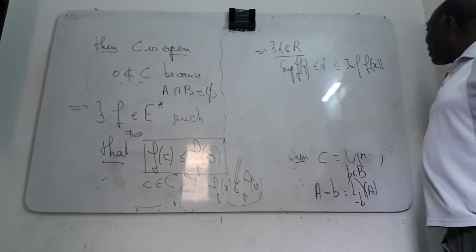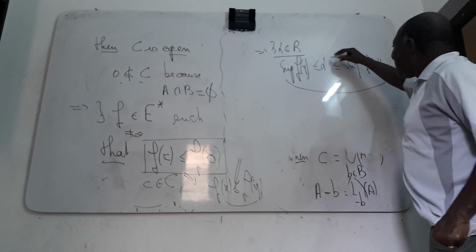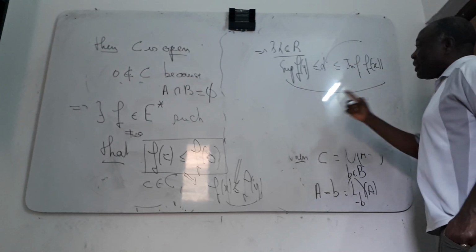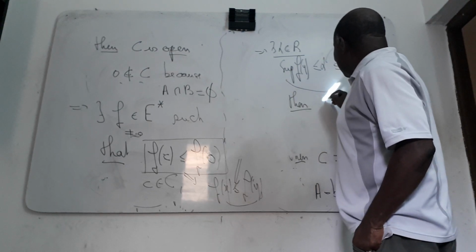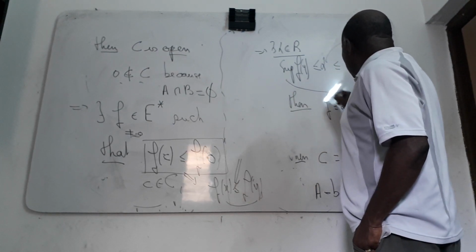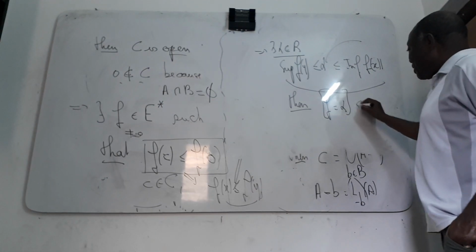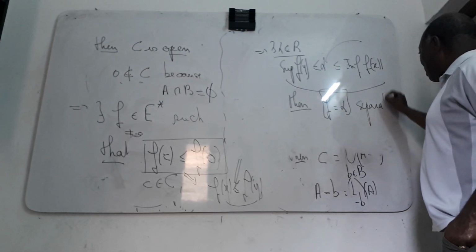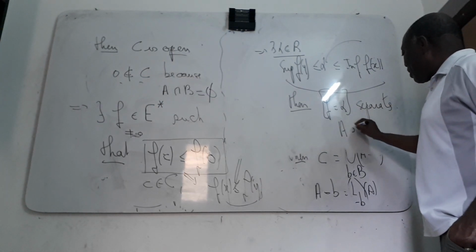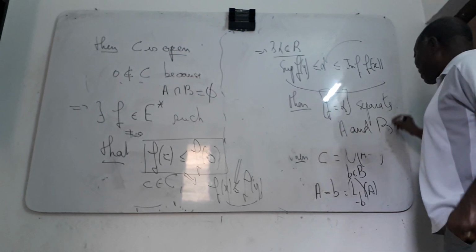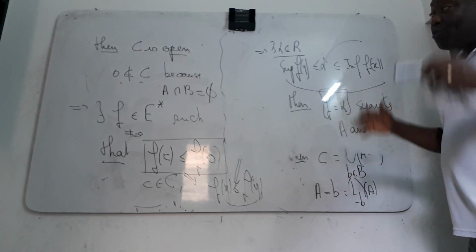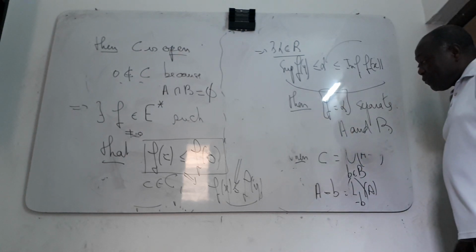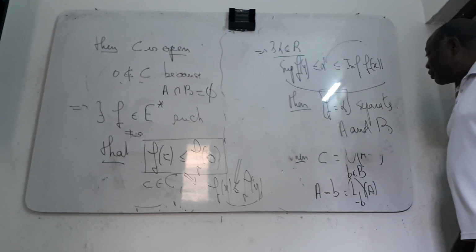And from here, that means that the hyperplane H equal to alpha separates A and B. Okay, that's the proof of the first geometric form of the Hahn-Banach theorem.